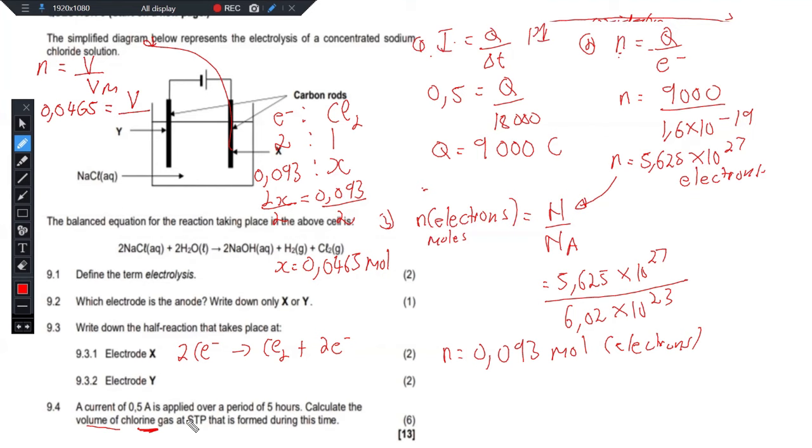The molar gas volume at STP, it is there on your formula sheet. It is always 22.4, right? Then if you cross multiply here, your volume is 1.04 dm cube, right? So that's how you were supposed to go about answering that question.